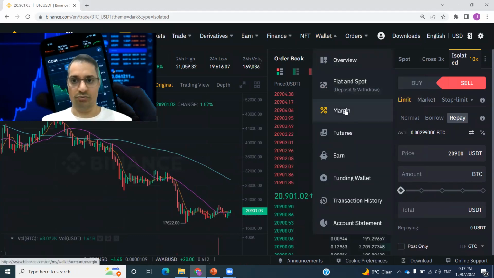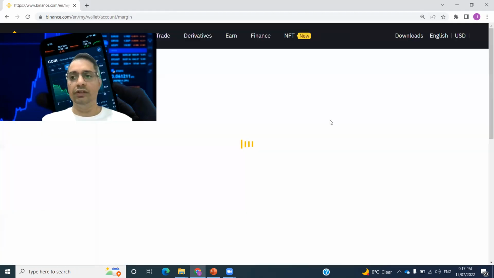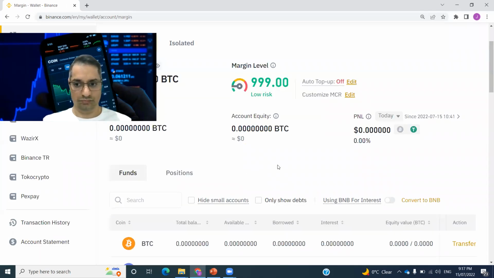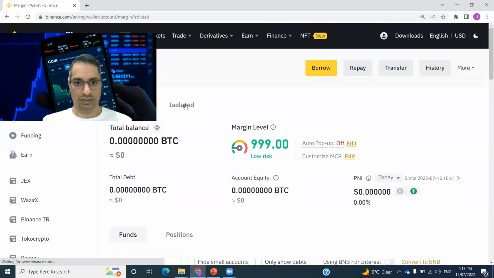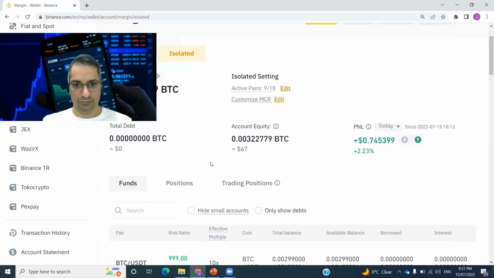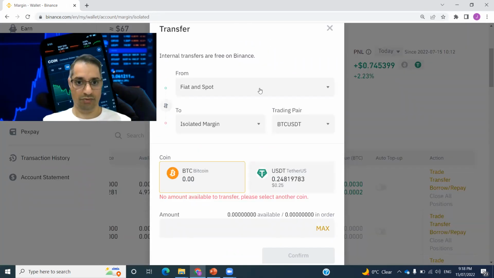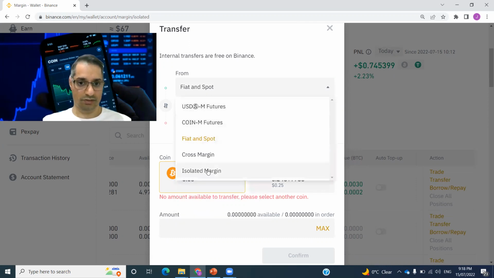If I go into margin wallet, isolated margin, I'll just transfer it from my isolated margin account to my spot account.